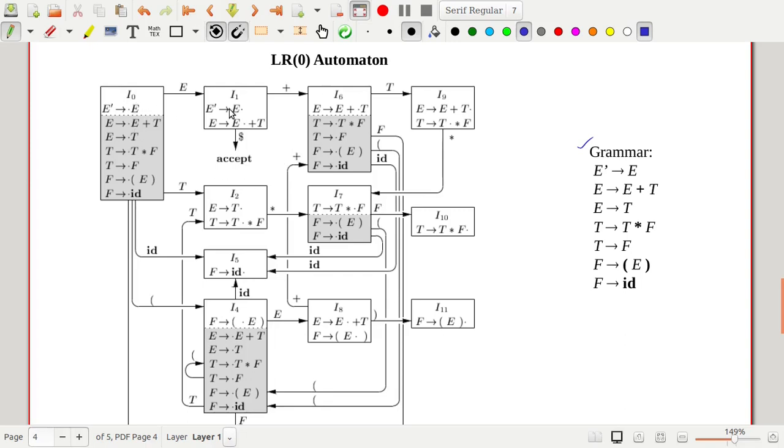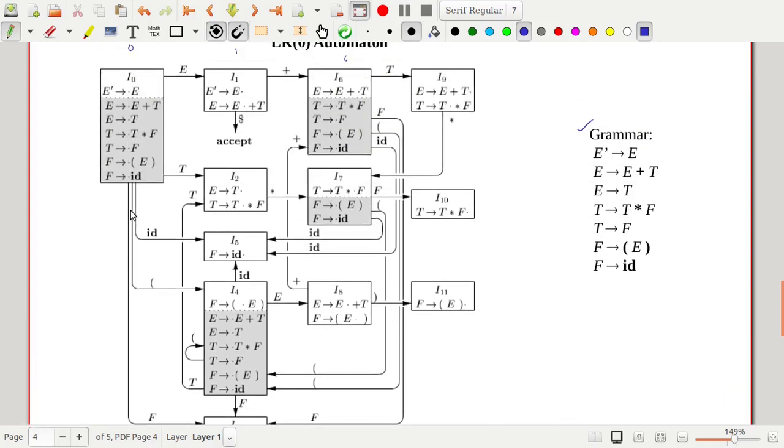This has I0, I1, I2, I3 and so on up to I11. These are different states or different sets: corresponding to set I0 we will have state 0, corresponding to I1 we have state 1, and corresponding to I6 we have 6, like that. So this is the LR(0) automaton corresponding to our grammar.